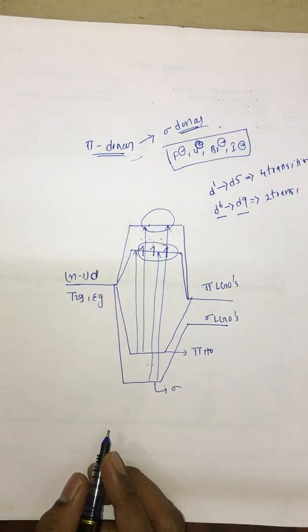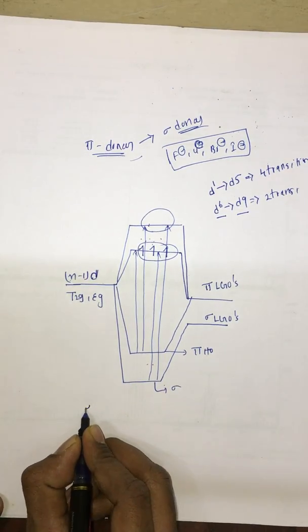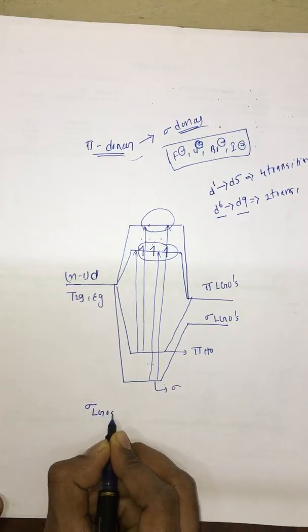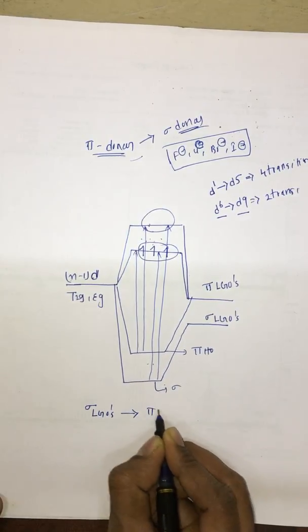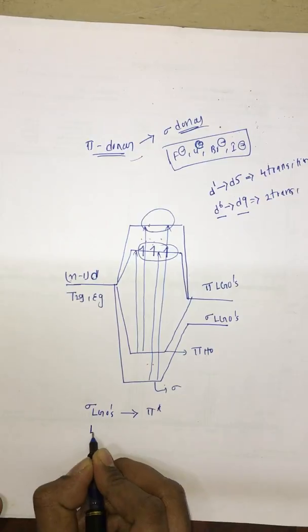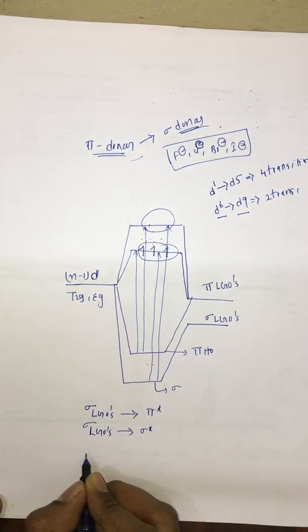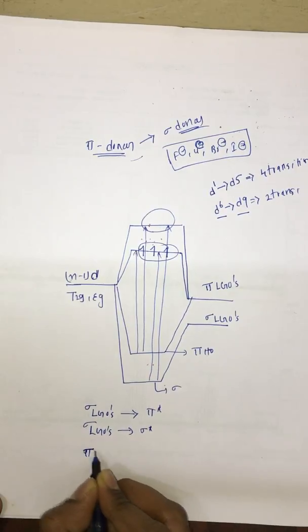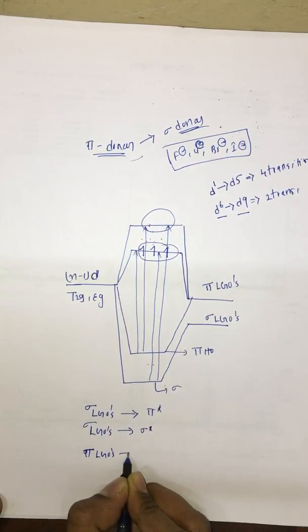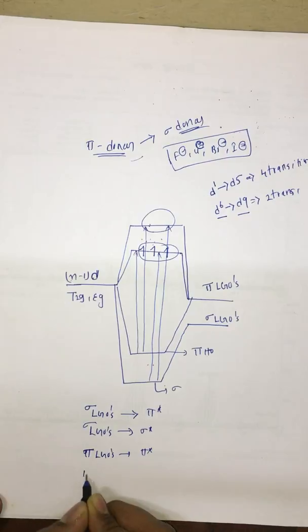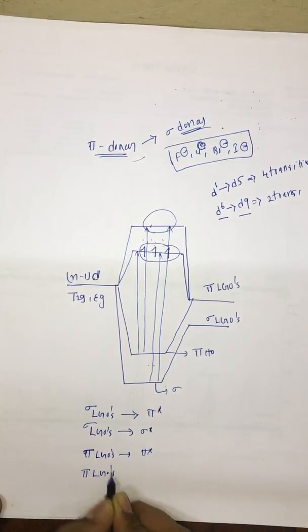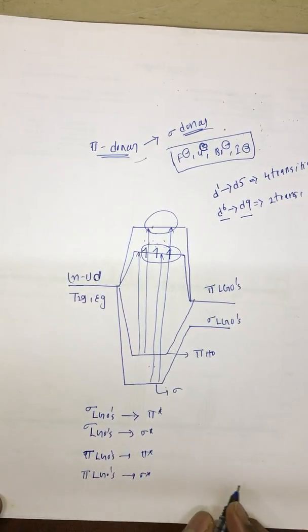Okay, so I will write all the transitions here. Sigma LG to pi star and sigma LG to sigma star, pi LG to pi star and pi LG to sigma star.